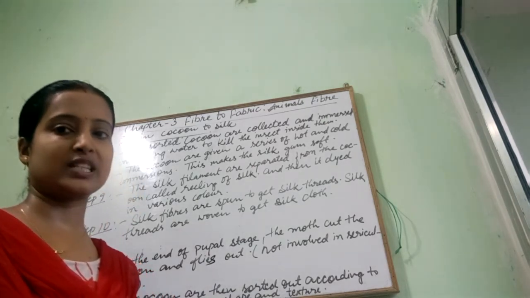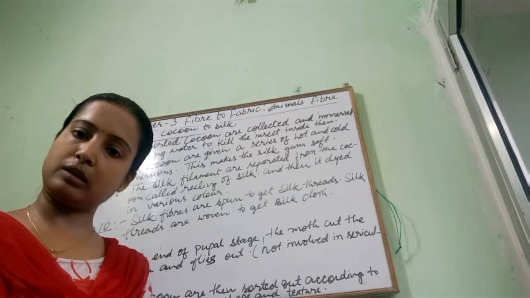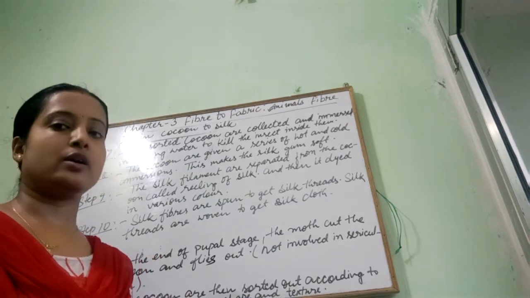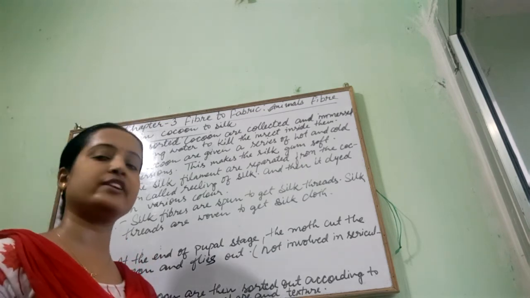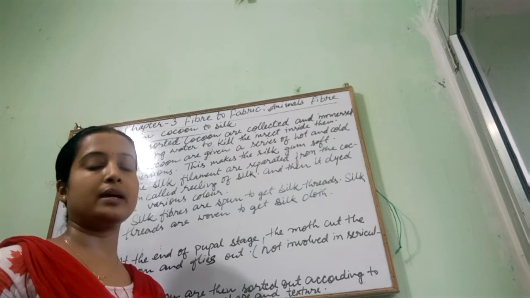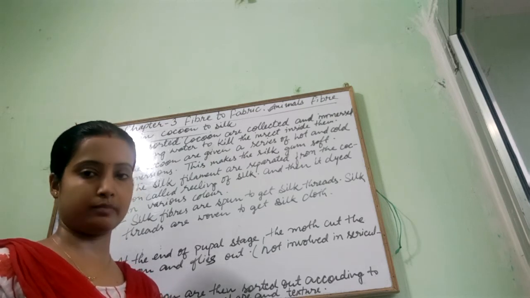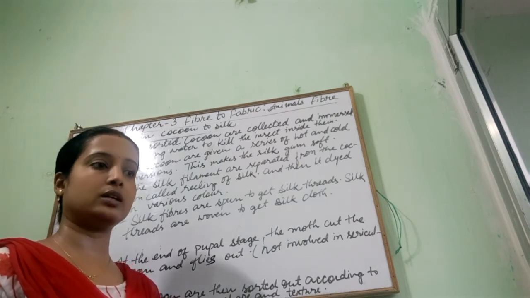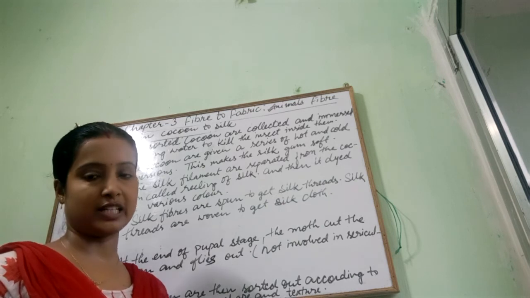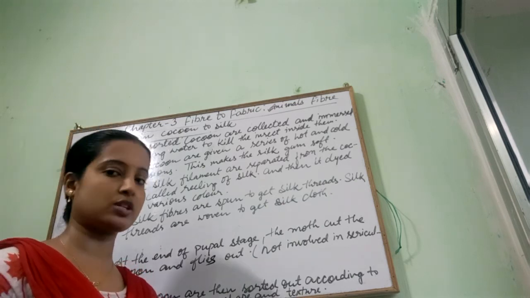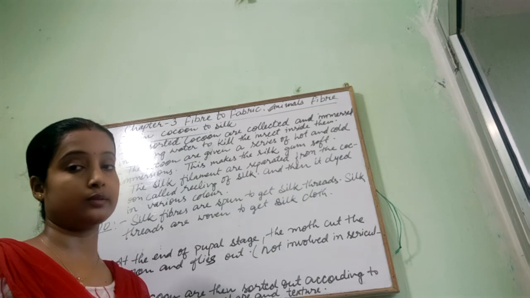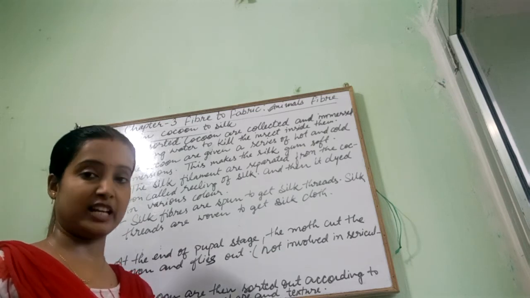We use silk items as clothing material, in hosiery, for making bed sheets, or making different types of cloth materials. So silk fiber is also used, and it is a very costly animal fiber.